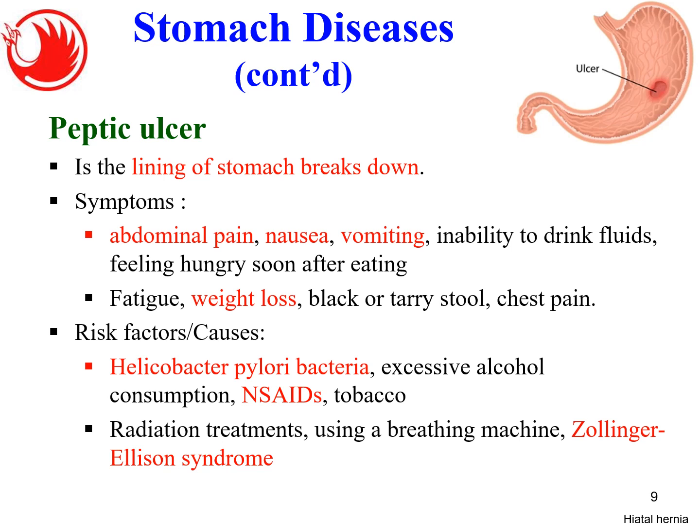The symptoms would be abdominal pain, nausea, vomiting, inability to drink water or fluid, and feeling hungry soon after eating. You may also experience fatigue, weight loss, black stool, and chest pain at times.